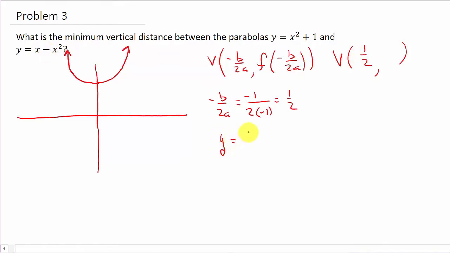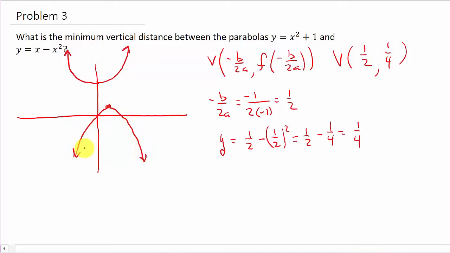I get y equals 1 half minus 1 half squared, which is 1 half minus 1 fourth, which equals 1 fourth. And so there's the vertex, 1 half, 1 fourth. We'll just say that's about right in there. And then if I draw my parabola, it's going to look something like that.